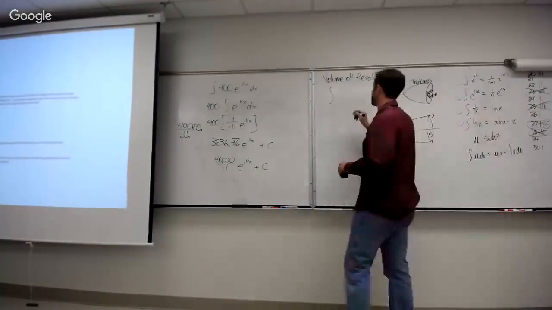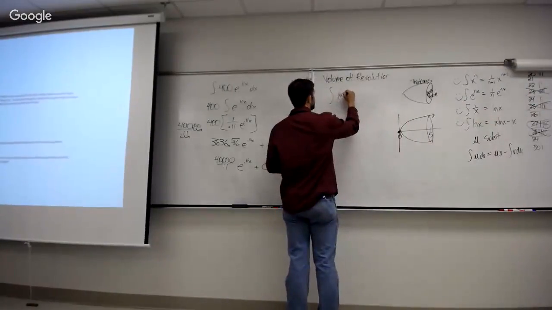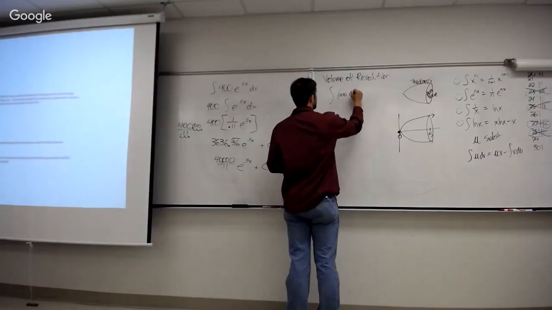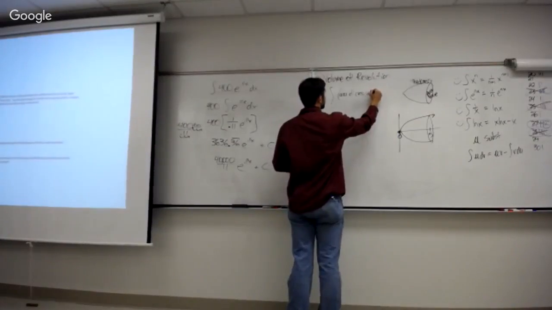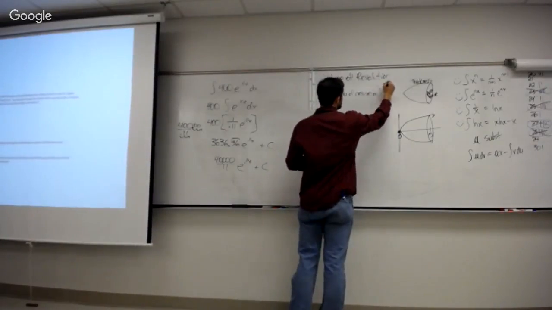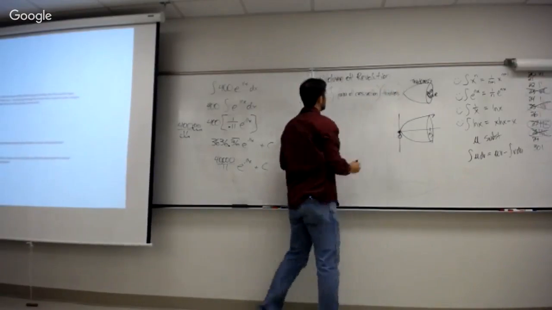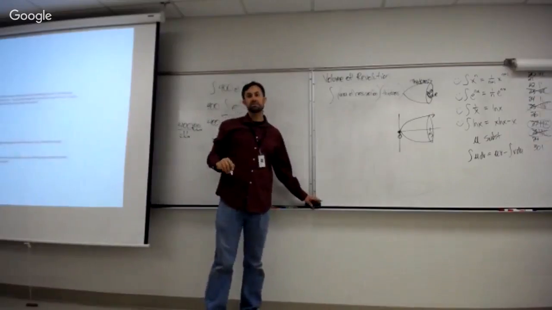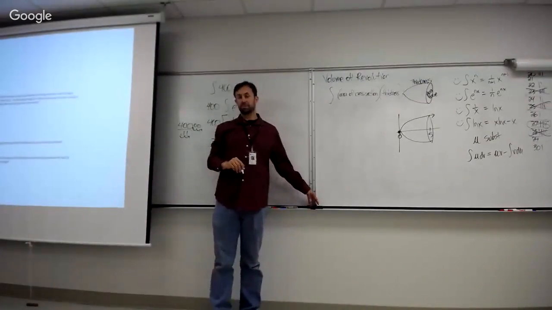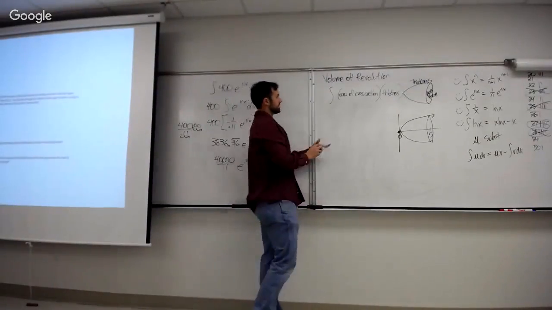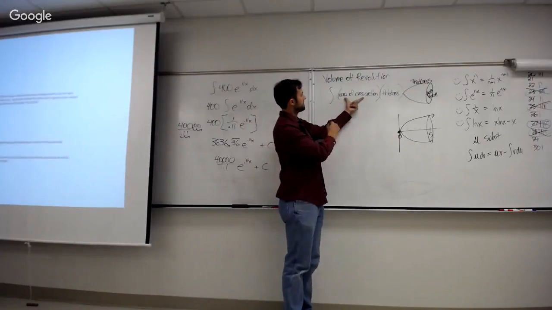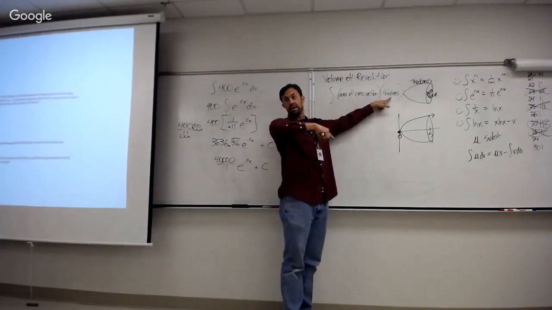That's the first thing I'm going to write down: area of cross section times the thickness. I hope when you look at that, you recognize it as the formula for the volume of a cylinder, because the volume of a cylinder is the area of the base times the thickness, which is the height.